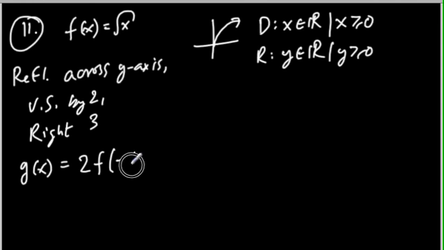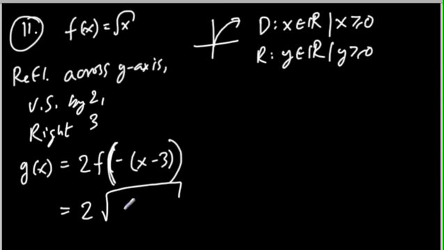Since it says right by 3, this is still within the bracket, so it's x minus 3, and this is our solution. So this equals 2 square root of negative x minus 3. Vertical stretch by 2, right by 3, reflection across y.